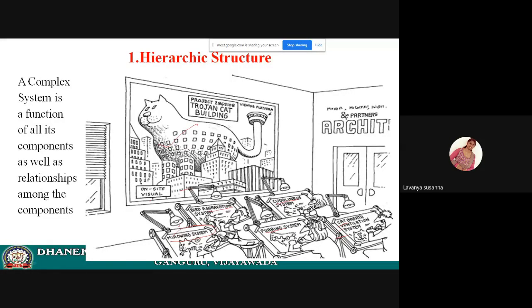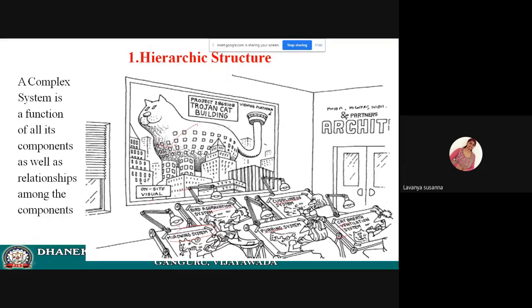You can understand all these parts only if they are arranged in hierarchical fashion. That means a complex system must have hierarchical structure. Then only you can study the parts of the complex system. I hope you understood. Once again, see the screen and the cartoon. This is the first attribute of complex system.